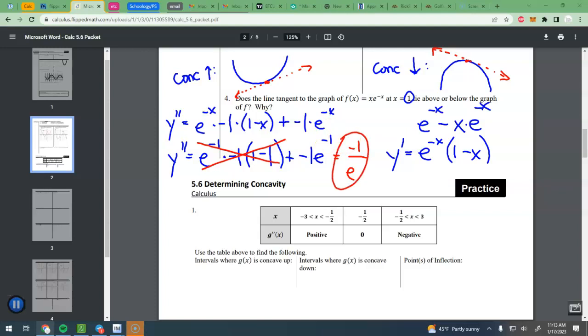I don't care what that comes out to. I just care if it's positive or negative. So the second derivative is negative, which means the original graph is concave down, which means my tangent line goes above, because the second derivative is negative.